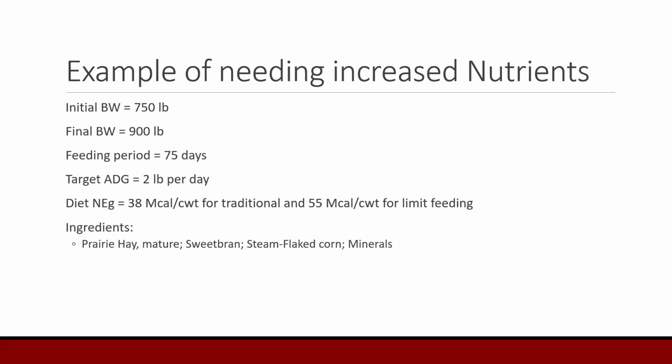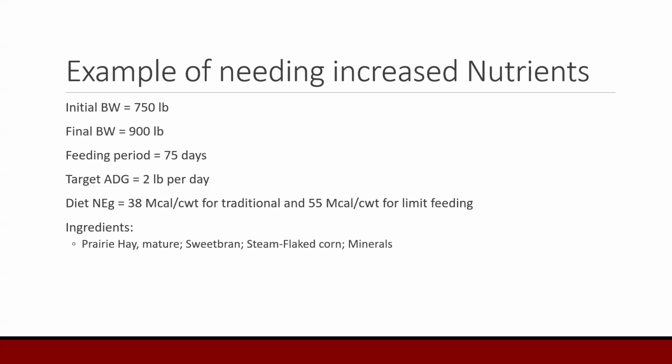This diet NEG to achieve that targeted rate of gain is 38 megacals per hundredweight for a traditional system, or 55 megacals per hundredweight for a limit fed system. So you can see that energy increased by 17 megacals of NEG per hundredweight, going from a typical system to a limit fed.